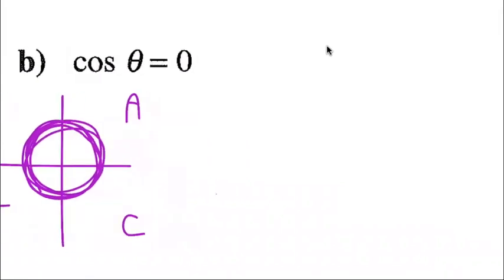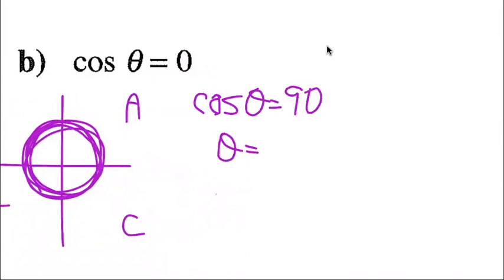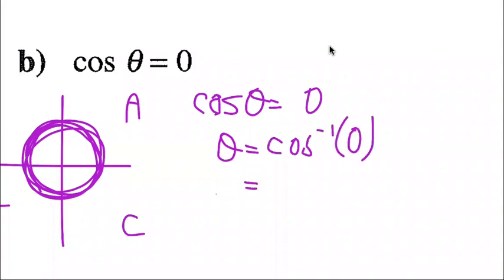So then I determine my reference angle. If cosine theta is equal to 0, then theta is equal to cosine inverse of 0, which is equal to, again, 90 degrees. Just a quick double check.